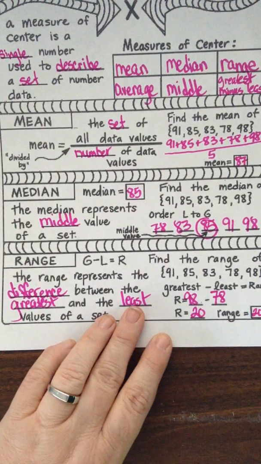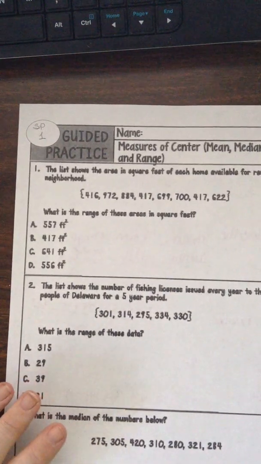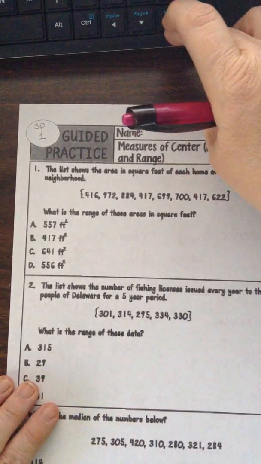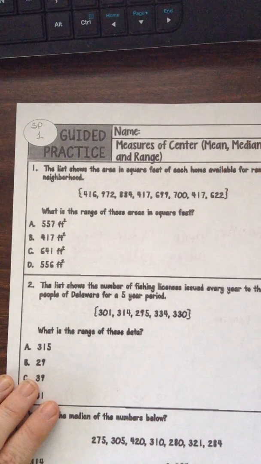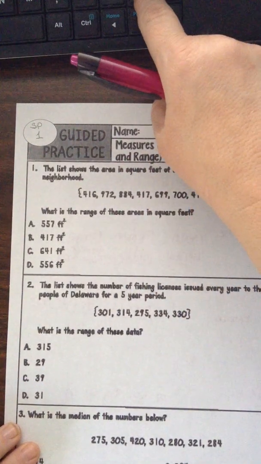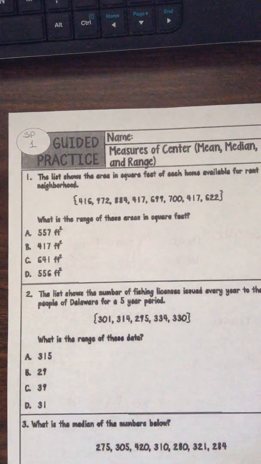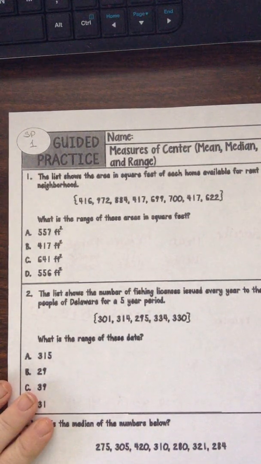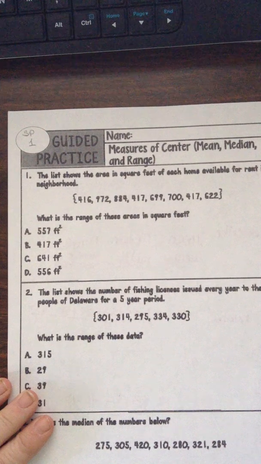You can do this. So let's flip it over and look at the guided practice. Guided practice tells us, I'm trying to read this and it's my brain and my glasses. Here we go. The list shows the area in square feet of each home available for rent in a neighborhood. What is the range of these areas in square feet? Well, range, we have to find our biggest number and our smallest number.